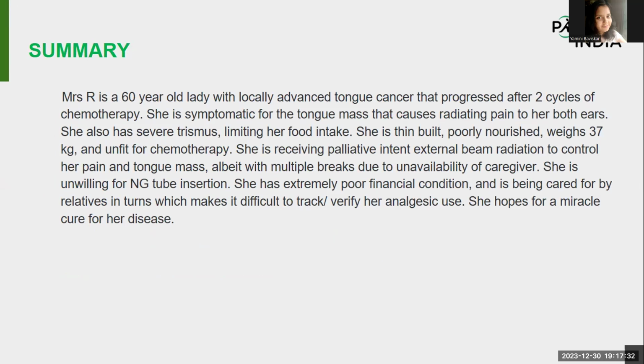She is unfit for chemotherapy and is currently receiving palliative intent external beam radiation to control her pain and tongue mass, but with multiple treatment breaks due to unavailability of the caregiver. She is unwilling for NG tube insertion, has extremely poor financial condition, and is being cared for by relatives in turns, which makes it difficult to track or verify her analgesic use. And she hopes for a miracle cure for her disease.